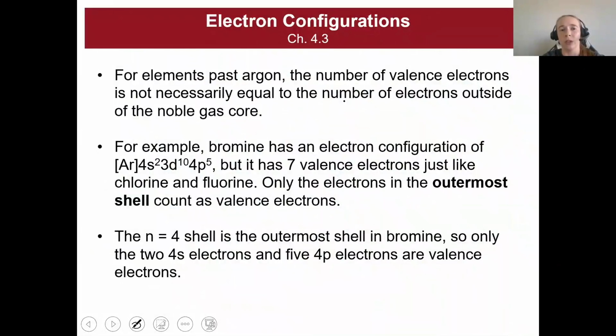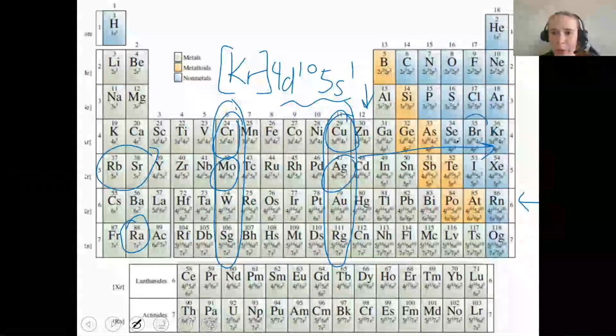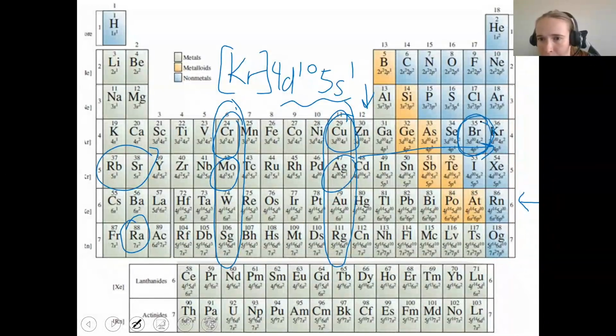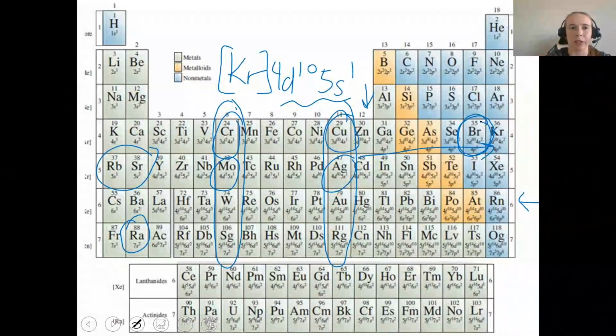I should note that for elements past argon, the number of valence electrons is not necessarily equal to the number of electrons outside the noble gas core. So let's look at an example here. I use bromine as my example on the next page. So bromine over here has its valence electron configuration.